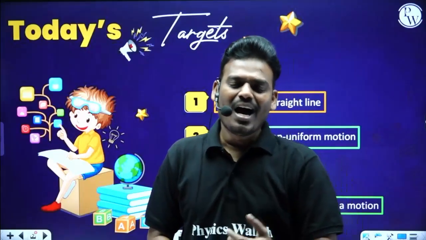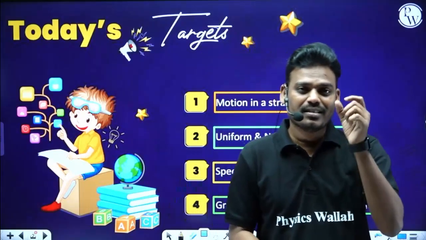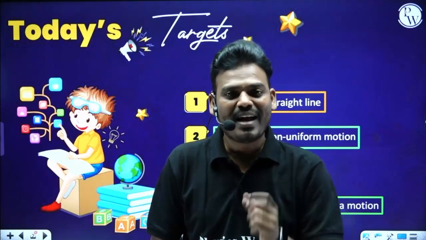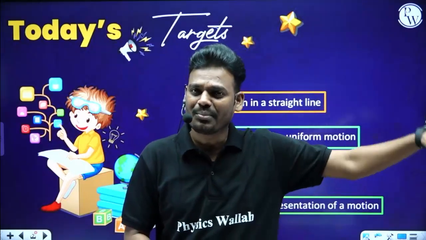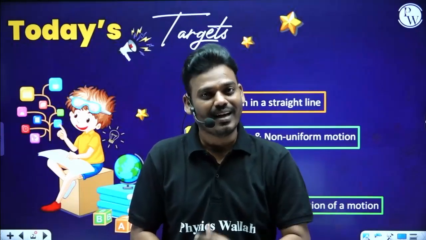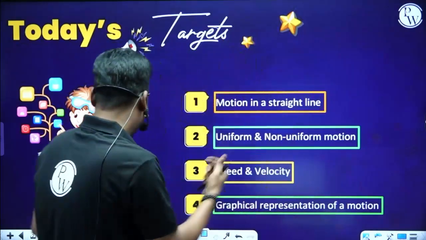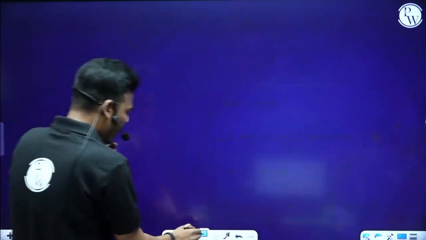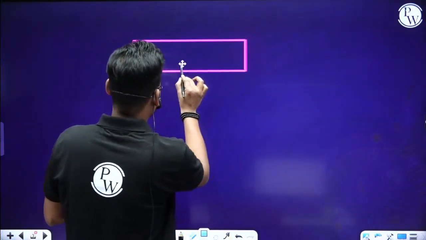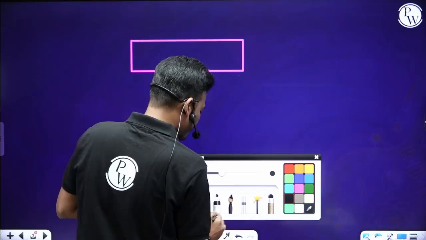Then how can we define this rest and motion in physics? And we have to see, is there any relationship between these states of rest or motion? Let's see. Let's try to learn by considering one example. If I consider the state of the body, not the state of the substance.